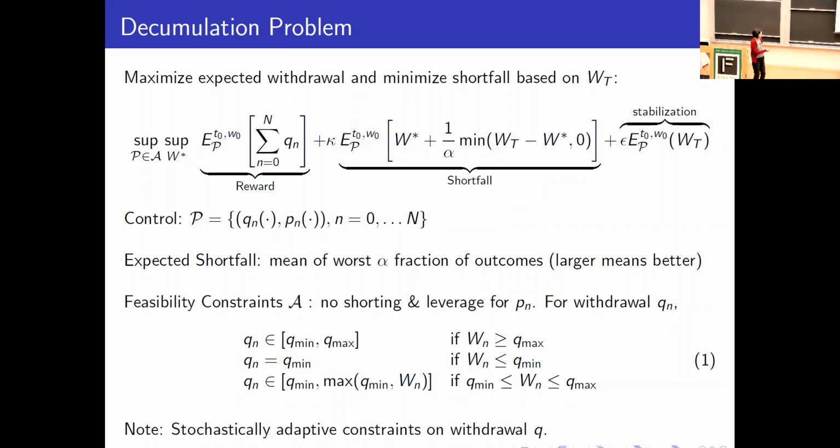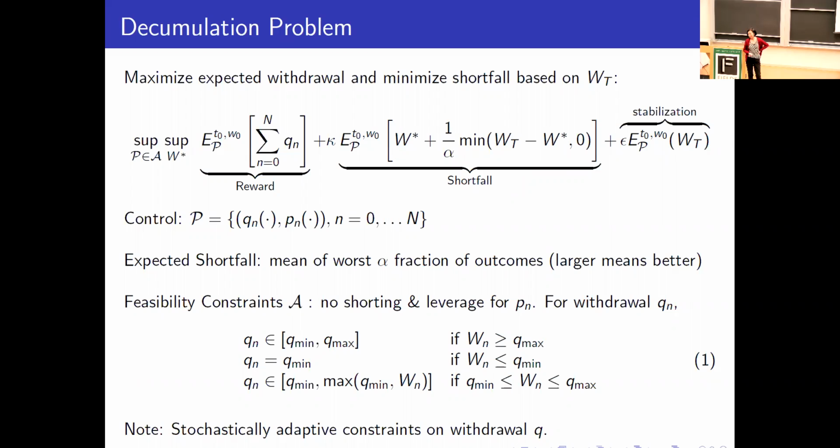If you think about it, it's a reasonable way I can expect my withdrawal to be. So this is the constraint I want to impose on my withdrawal. But this constraint is actually somewhat complicated because it's stochastic. It depends on the wealth, and different wealth state values impose different constraints.